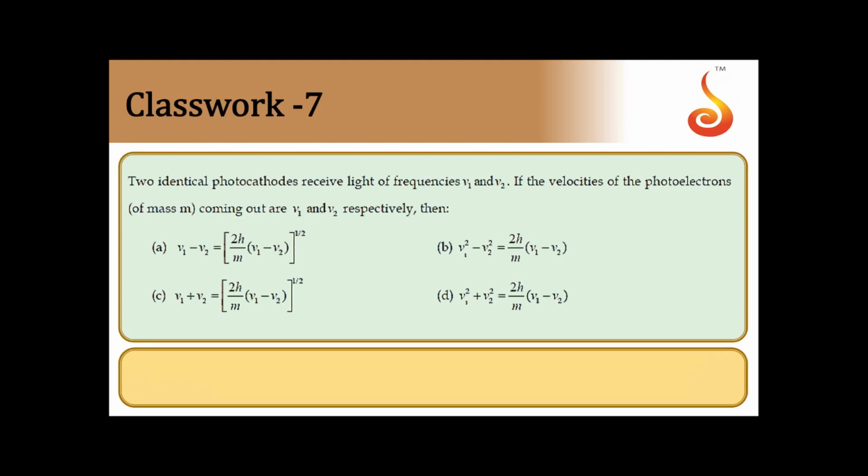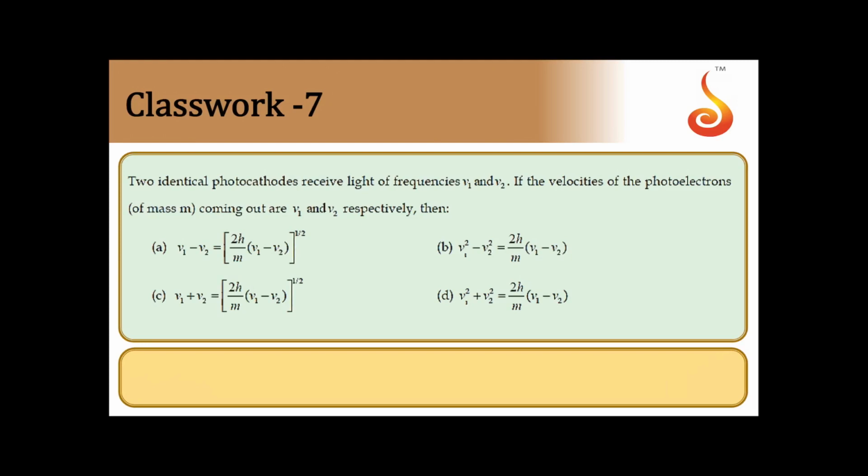If the velocities of photoelectrons of mass m coming out are v1 and v2 respectively, then: v1 minus v2 is equal to (2h by m into nu1 minus nu2) whole to the power half; v1 square minus v2 square is equal to 2h by m nu1 minus nu2; v1 plus v2 is equal to (2h by m nu1 minus nu2) whole to the power half; v1 square plus v2 square is equal to 2h by m nu1 minus nu2.